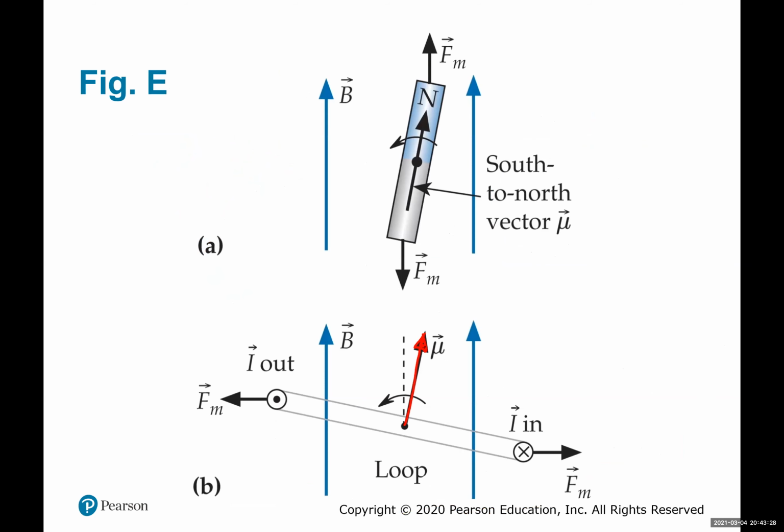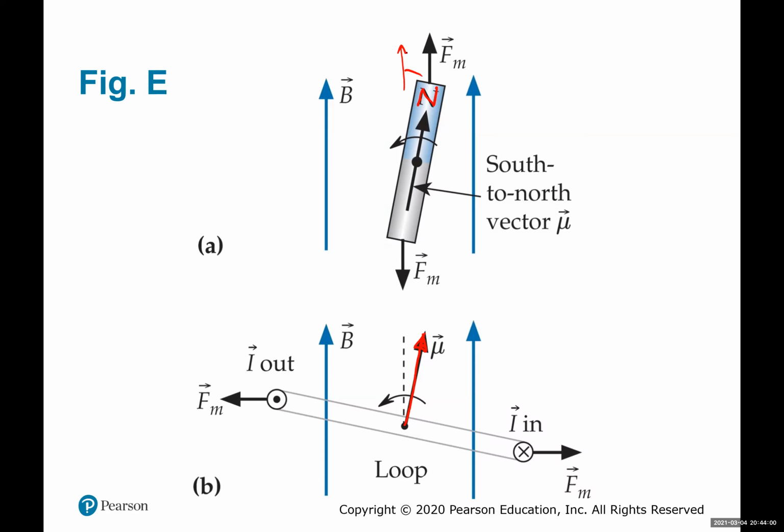But we know that a bar magnet will rotate in a magnetic field. The magnetic field of the Earth points towards geographic north because that is a magnetic south pole. So this north pole will be attracted to it and point north.